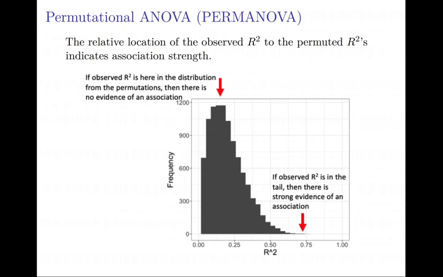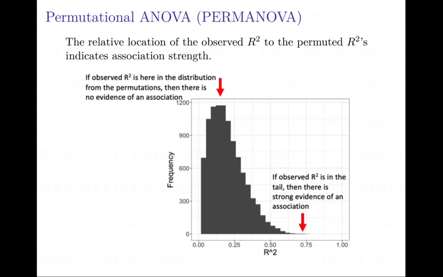So if you simulate your relationships 1,000 times, if your observed R-squared from your actual data falls in where that first red line is, about an R-squared of maybe 0.2, then if it fell there in the distribution of permutations, there's no evidence of an association, because by random, you're getting a lot of permutations and options for your system that have a stronger correlation between the communities and the environment than the particular one that you observed.